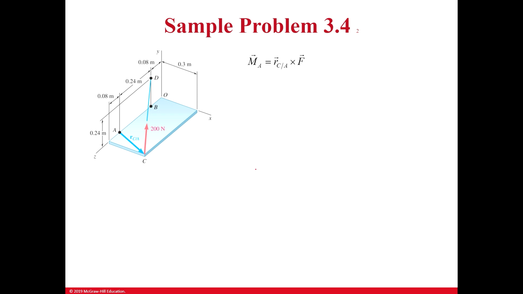So the point C has coordinates in X and Y and Z. X is 0.3 meters, and Y is 0, and Z is 0.08 plus 0.32, so 0.4.